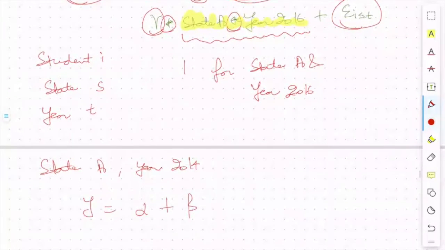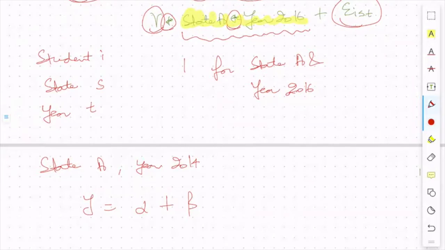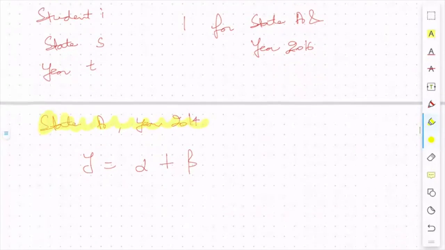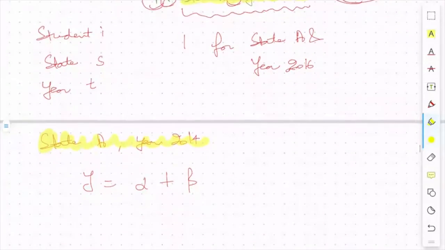This lambda term will be multiplied by 0 because year 2016 will take value 0, so this will not be there. And similarly, state A times year 2016 will also be 0 because state A is 1 but year 2016 is 0, and 1 multiplied by 0 is 0. So for state A and year 2014, y will be equal to alpha plus beta.